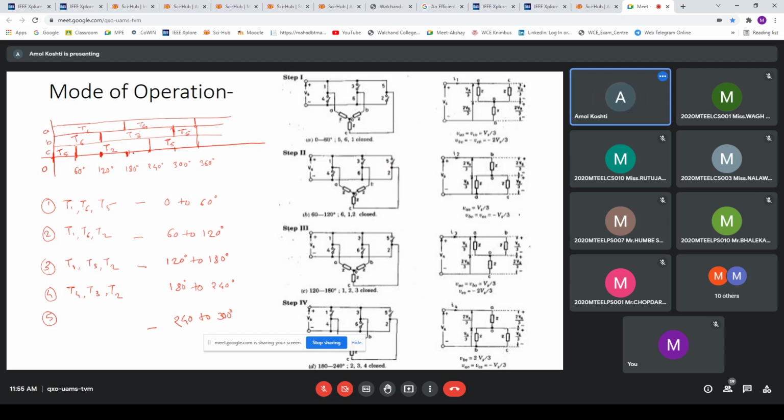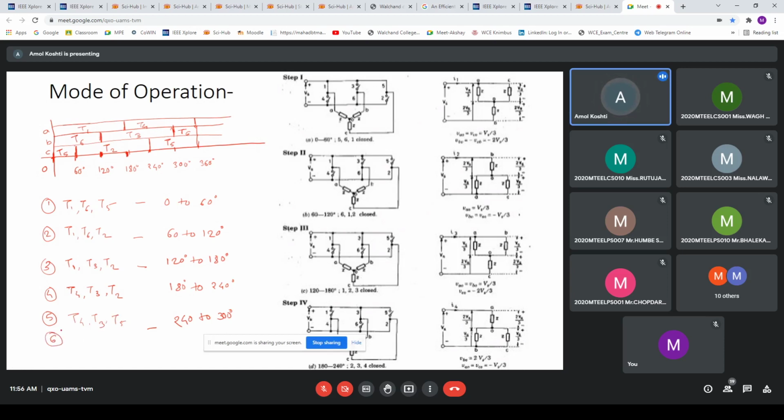Why? Because 180 degree conduction from 60 to 240 takes place. After this the next switch T5 will be on. So here we have T4, T3, and T5. These switches are on.